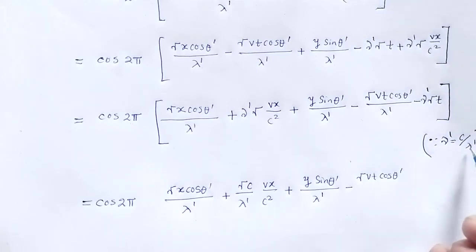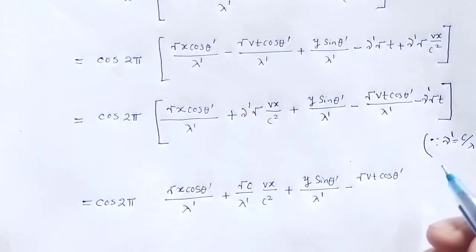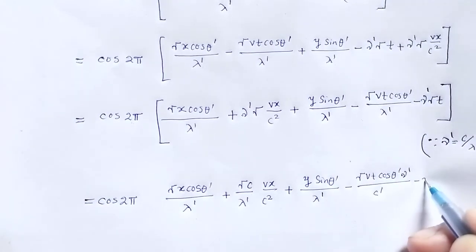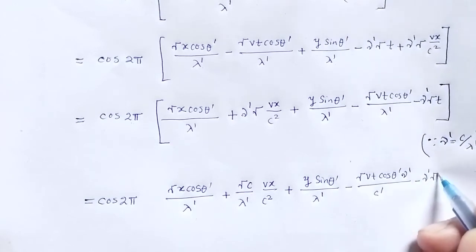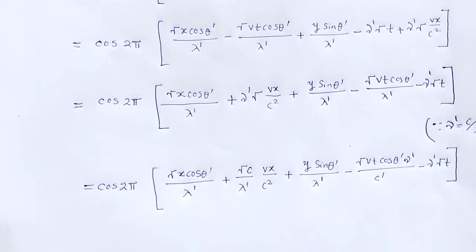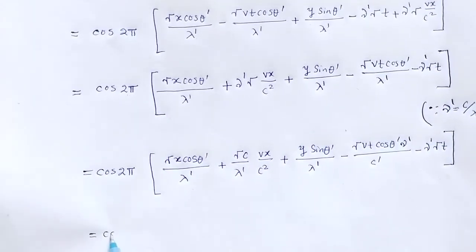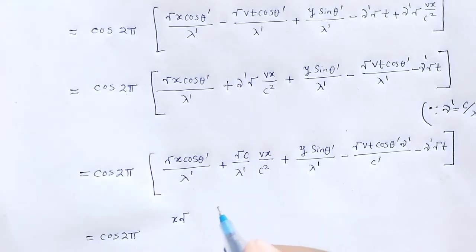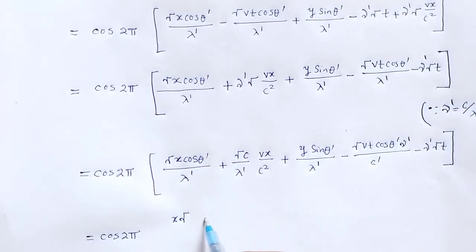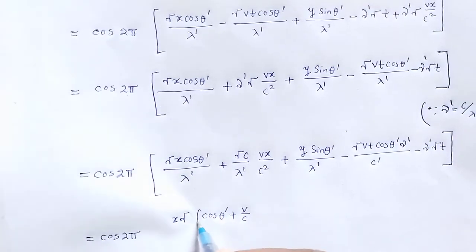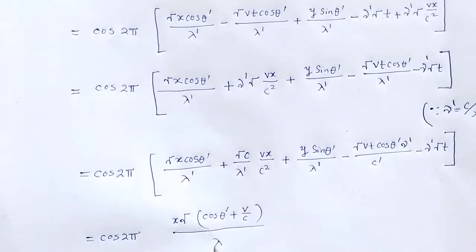In place of lambda dash we can write nu dash c dash minus nu dash gamma t, which is equal to cos 2 pi of x gamma, taking common, here we find cos theta dash plus v by c divided by lambda dash.